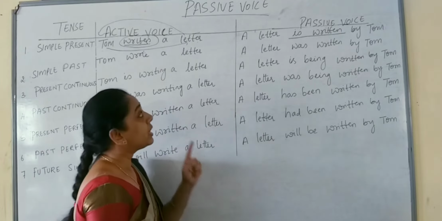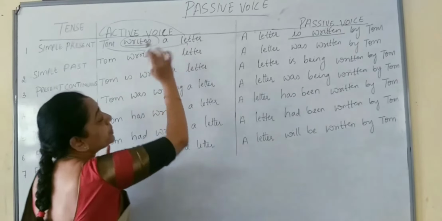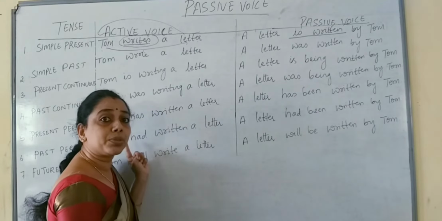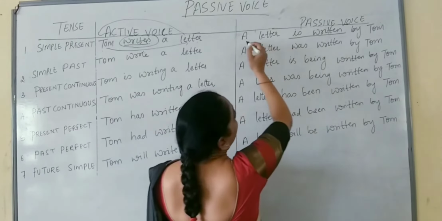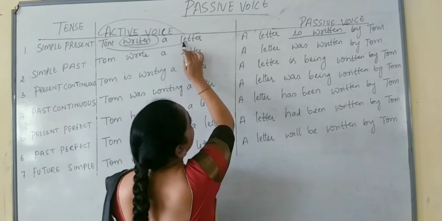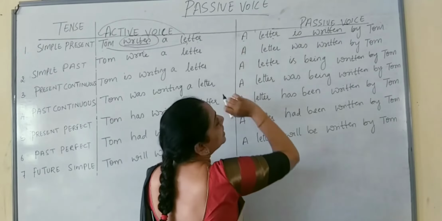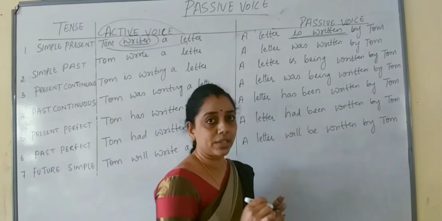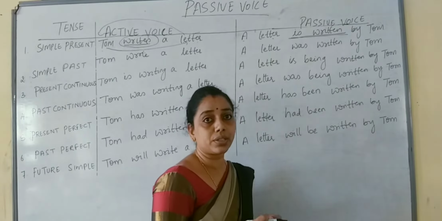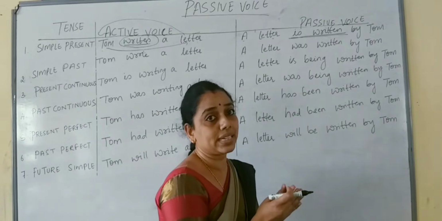Okay? The doer of an action becomes the object here. Letter will come to the place of the subject. That's it. See, a letter here, the letter is last. Here we are writing, a letter is written. If you had listened carefully in the last class, you would have understood. So why have I written that is written?